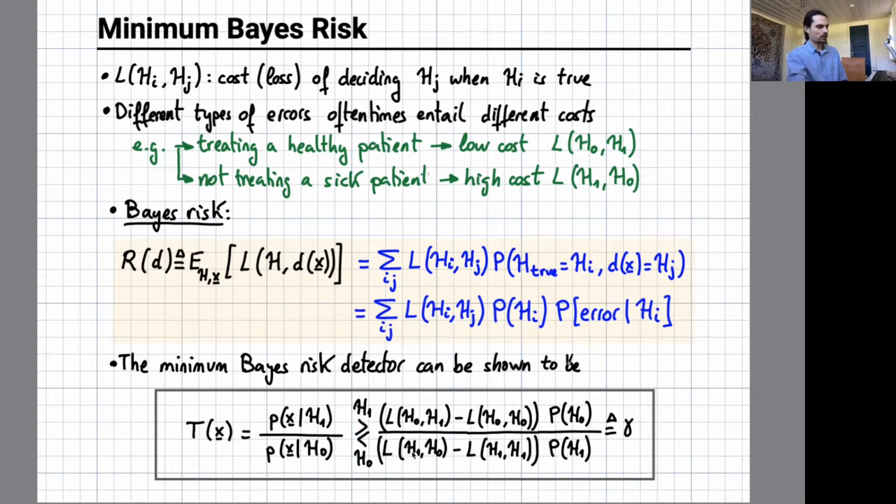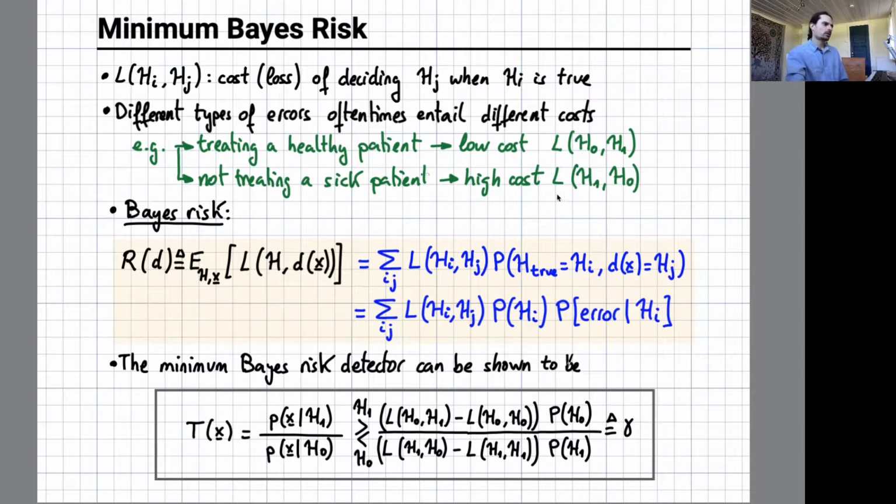And if we set the cost of both kinds of errors to be the same, then this quotient here becomes 1, and we recover the minimum probability of error detector as a special case of this one. So the minimum Bayes risk detector generalizes the other one.